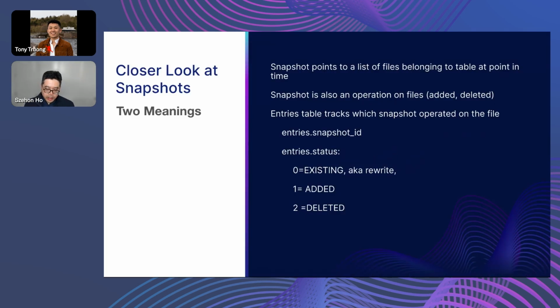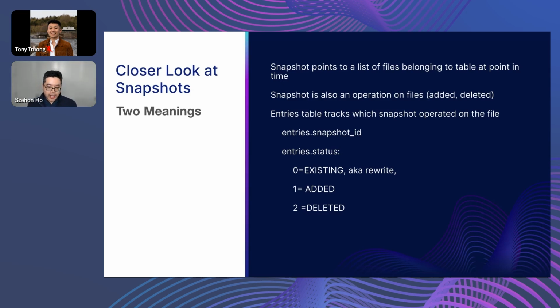The concept of a snapshot ID also sometimes confuses users. I've gotten this question, because snapshots in Iceberg typically refer to a state of a table at some point in time, like snapshot foo points to 10,000 files. But snapshot is sometimes also referred to as an operation on the Iceberg table. For example, snapshot foo has added 5 files that weren't part of the previous snapshot.